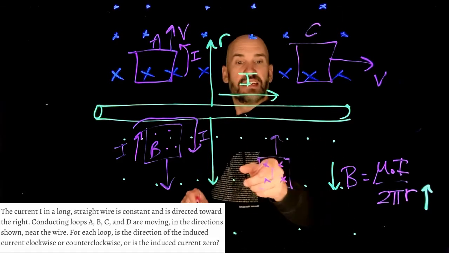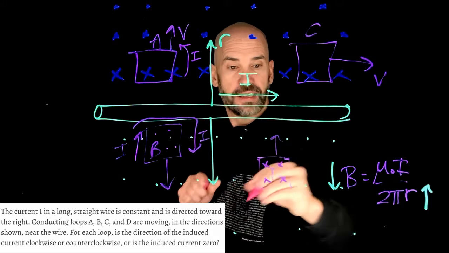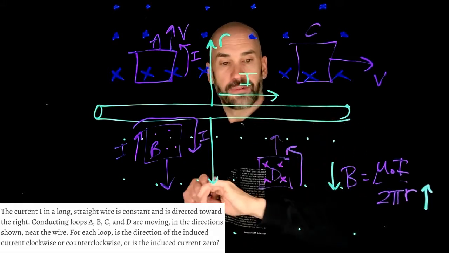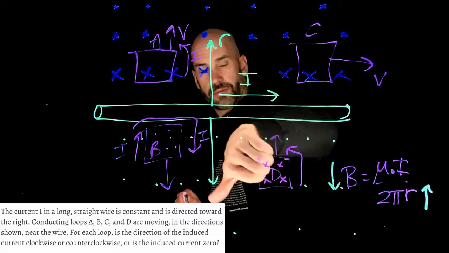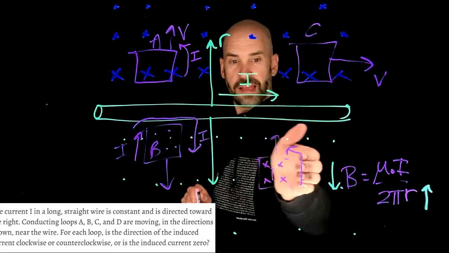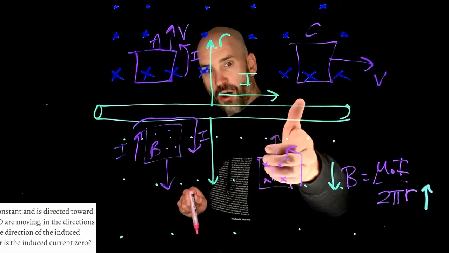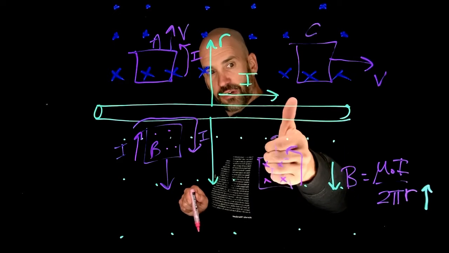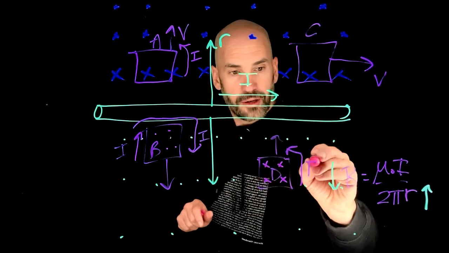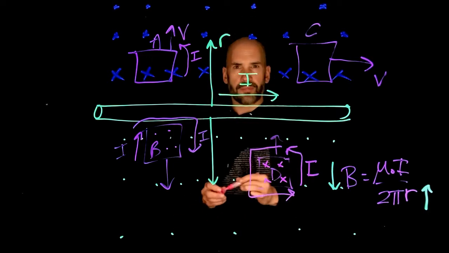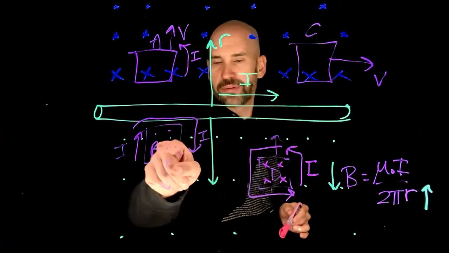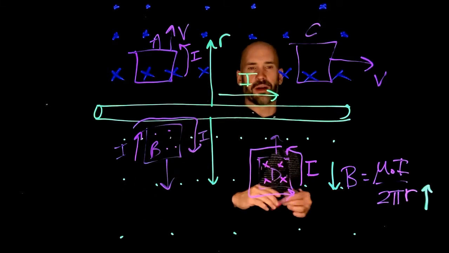In that case, it will induce a current that is counterclockwise. To get a flux coming out at you, you need a current up here, which corresponds to a counterclockwise current. That makes sense because it should be the opposite of what's happening over here in part B.